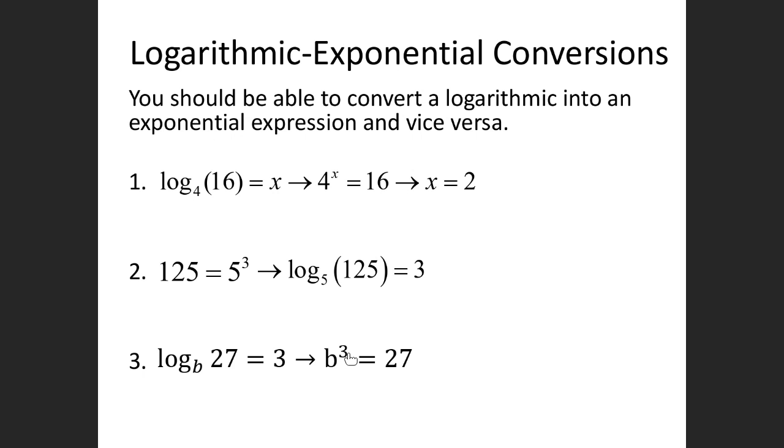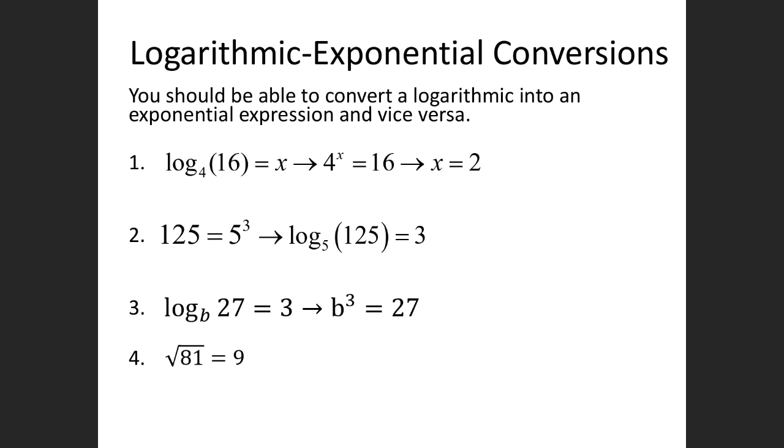So it's b to the 3. It becomes the exponent. The input of the log becomes the output of my exponential function. So b cubed is equal to 27, and we can solve for b. We can say that 3 times 3 times 3 will give me 27. Yes? All right.